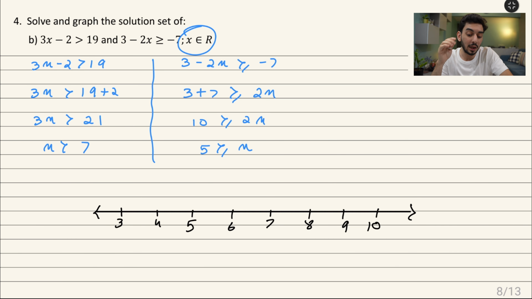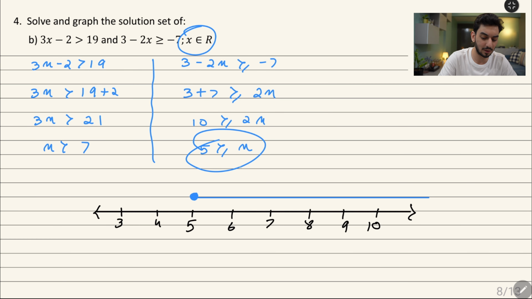Okay, let's see what it is. It says x is greater than or equal to 5. Okay, greater than or equal to, which means I need a solid circle over here, which means it is everything on the right hand side of 5. So everything on the right hand side of 5 is included. Okay, that is this answer which I've given. Okay, let us put up a tick on that. We have given the answer.